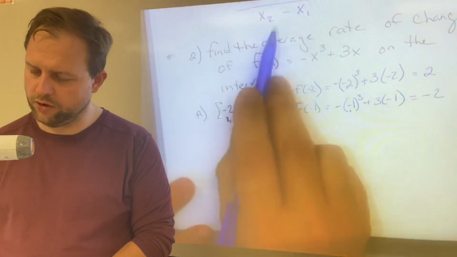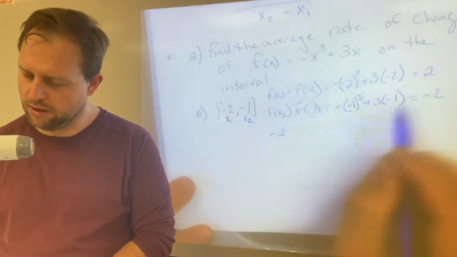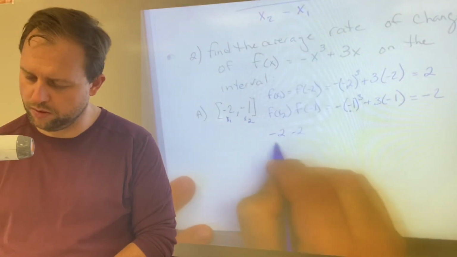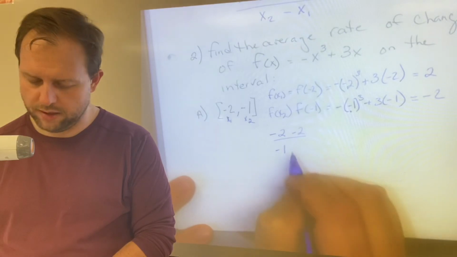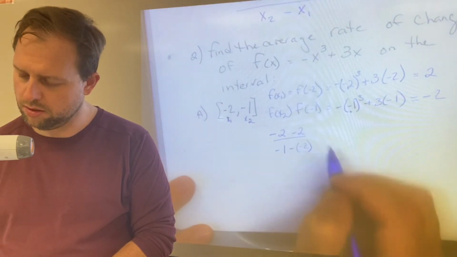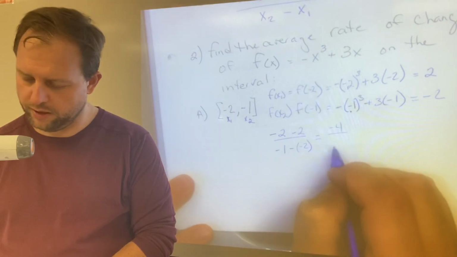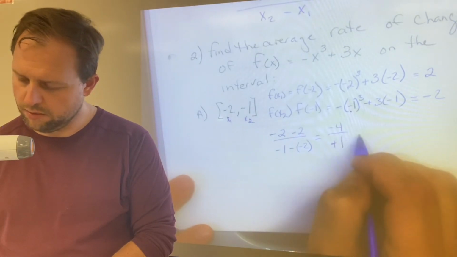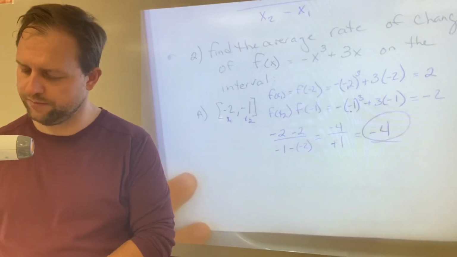So to plug it into our equation, f of x2 is negative 2 minus f of x1, which is 2, over x2, negative 1, minus a negative 2, and we get negative 4 over a positive 1, which gives us negative 4 as our average rate of change.